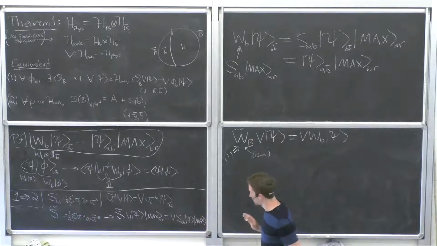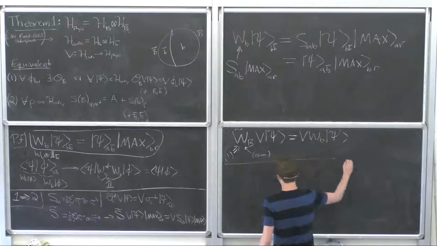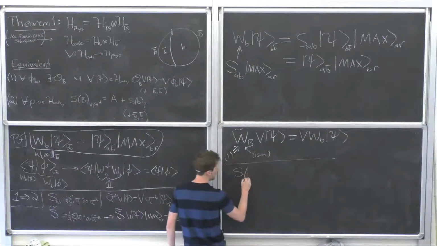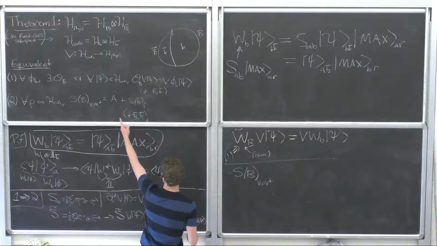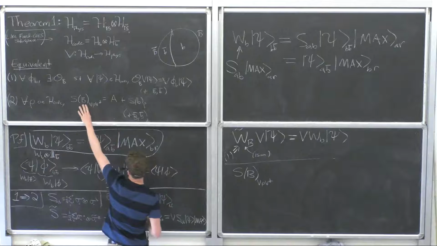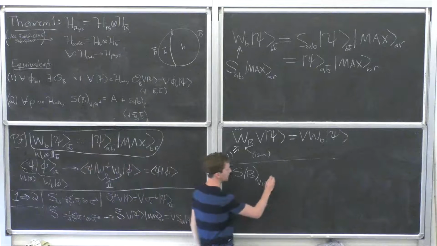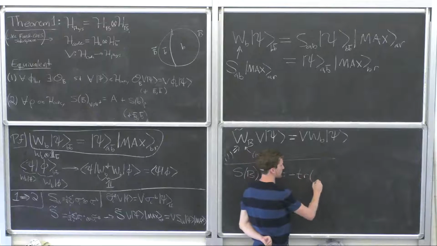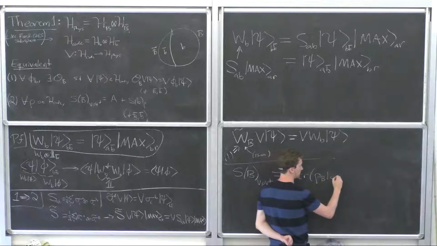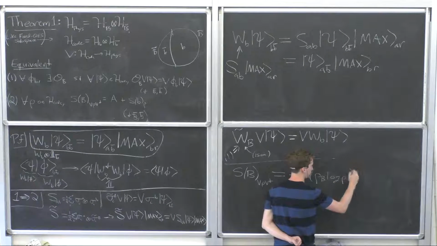And we did all of this because what we want is to compute S of capital B in the state V rho V dagger. So condition 2 says we're computing the entropy of capital B in V rho V dagger, and this equals, by definition, minus trace of rho B log rho B.